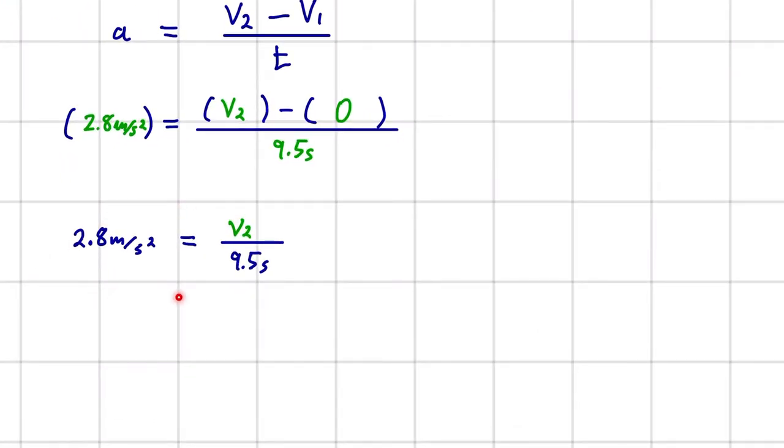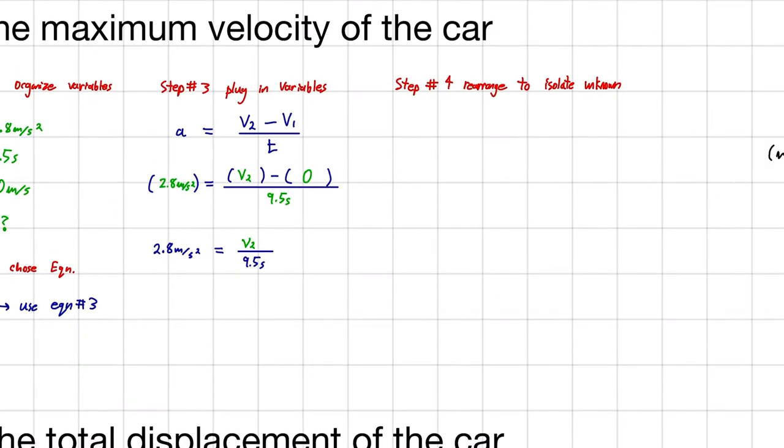So with this equation, how can we isolate v2? Well, we're going to have to get rid of this 9.5 seconds, that's a division, and bring it to the other side of the equation. So since it is a division on this side, when we bring it to the other side, it's going to be a multiplication.